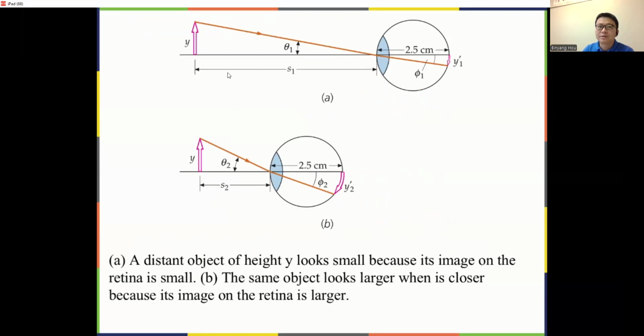Now, objects from far away will appear smaller than if the object is near the eyeball, but the object size in these two cases is the same. It just depends on how far away the object is. You can see from the ray diagram here that in this case the image is smaller, and in this case the image is bigger. So objects appear larger when they are closer.